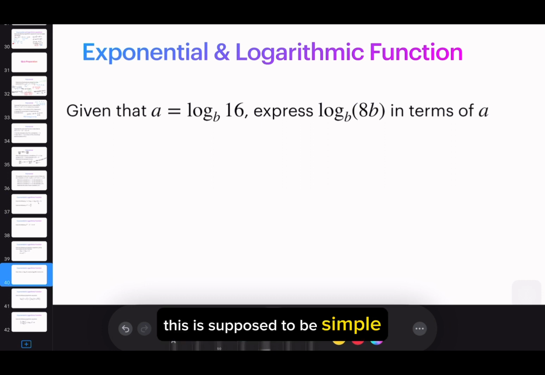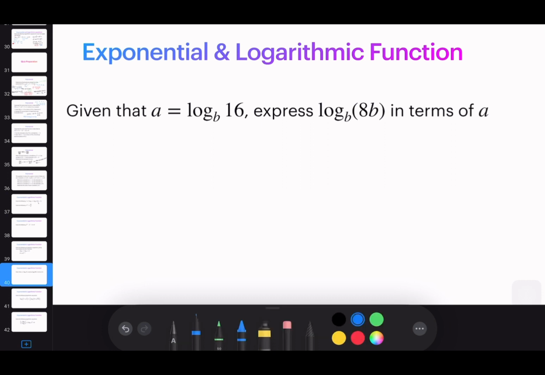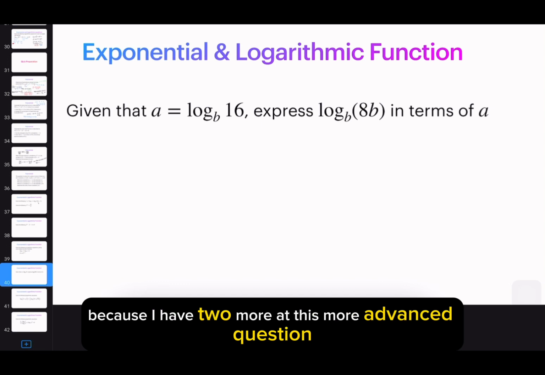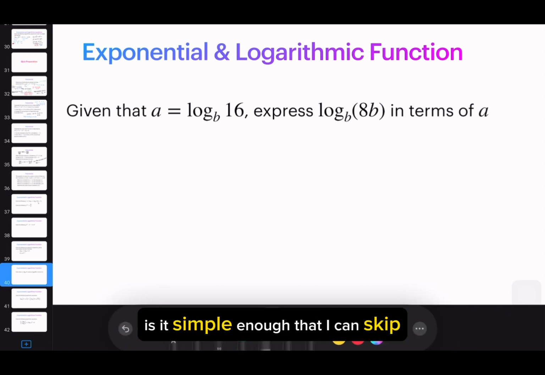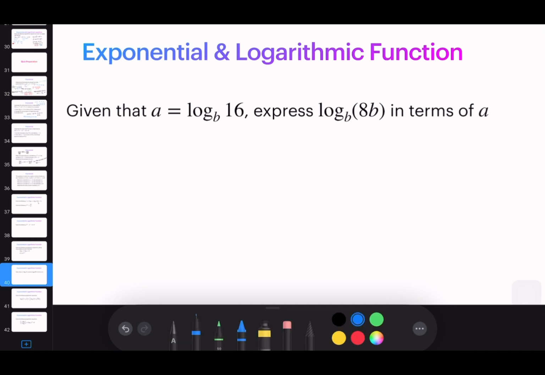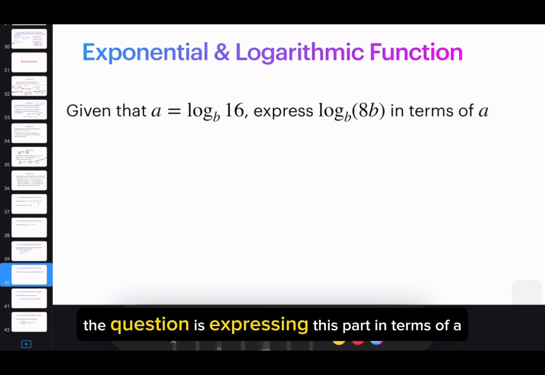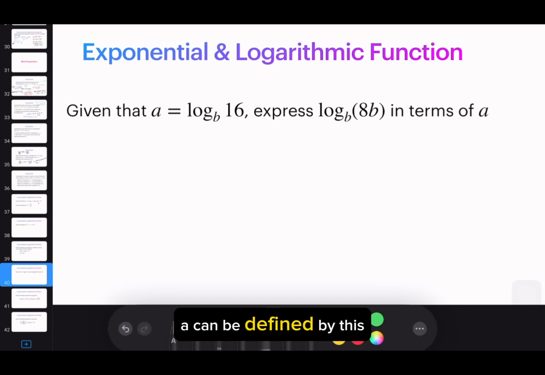How about this? This is supposed to be simple. Is it simple enough that I can skip, or you need to know how? Very brief explanation. Okay, this one, the question is expressing this part in terms of A. A can be defined by this.